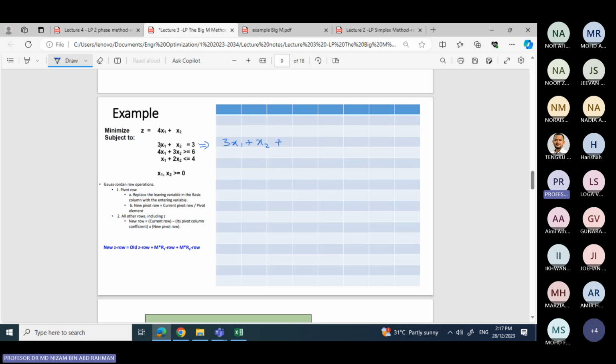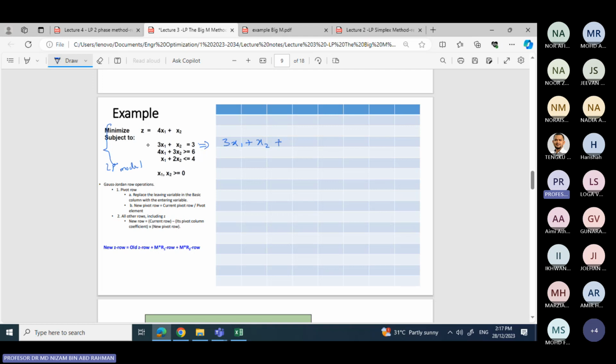You have to solve this linear programming model using simplex, so you have to convert the constraints into simplex equations.